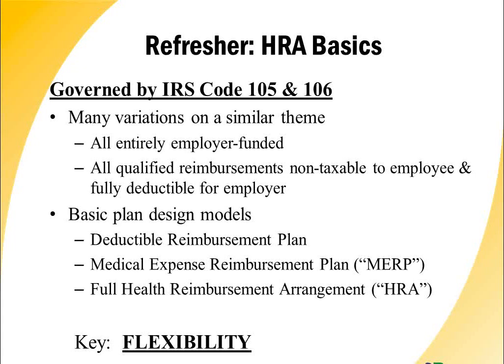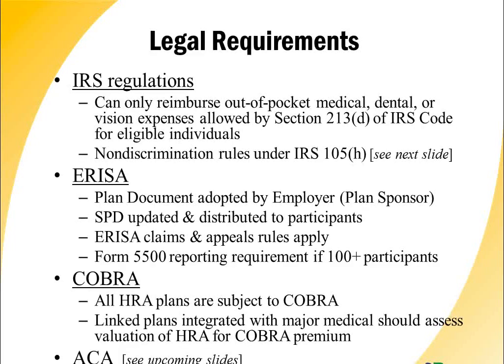And finally, a full health reimbursement arrangement, which is essentially a large bucket of money which can be used to reimburse any medical expenses allowed by Section 213(d) of the IRS Code. But again, Jamie's going to get into those types of plans as we move on. But again, the key is flexibility.